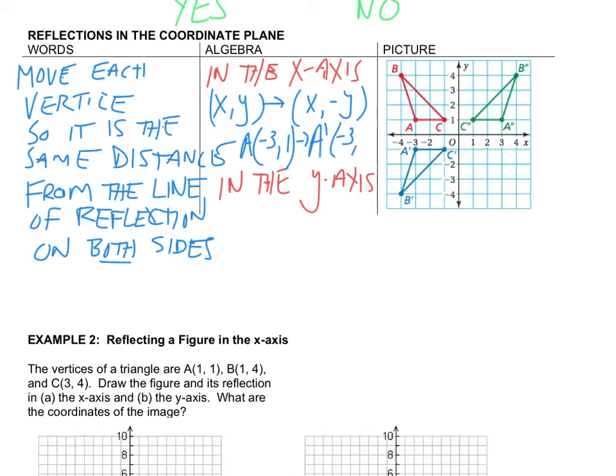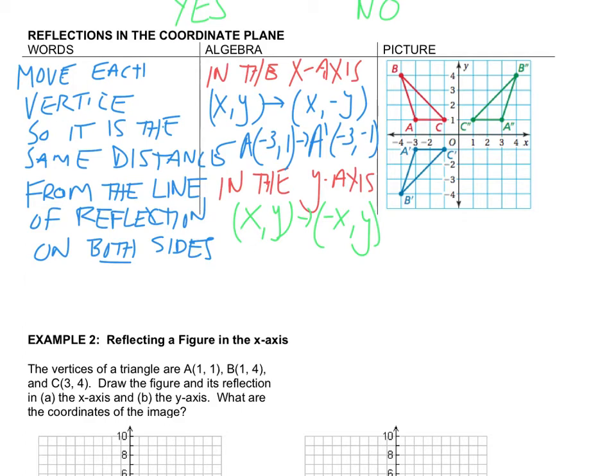But what did change was that the 1 from A is now turned into a -1 for the A prime. Then when I go to the y-axis, the x is going to be doing the opposite thing, but the y is going to stay the same.